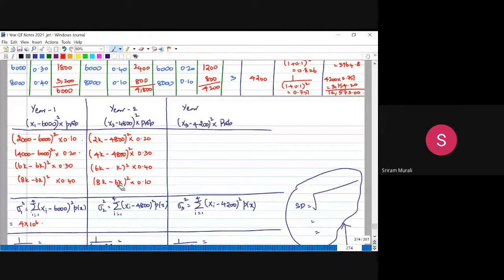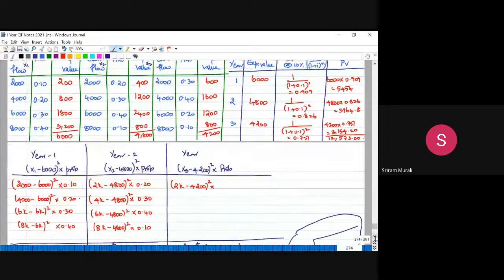Fine, this is 4800. This is 3.36 into 10 power 6. If I simplify, if I add, the last case is this, into what is the probability? 0.30.